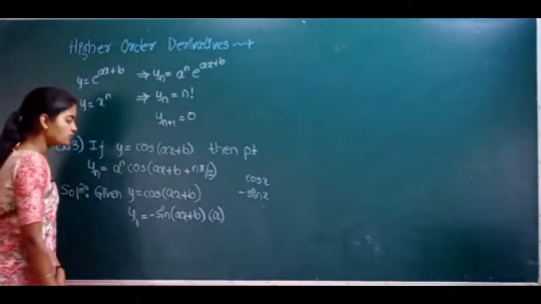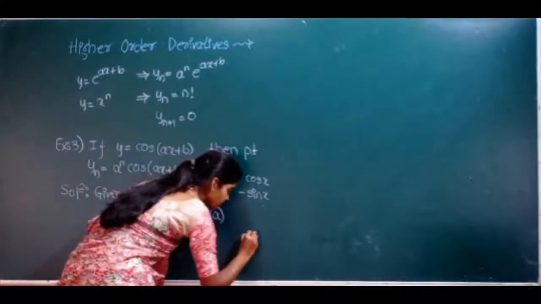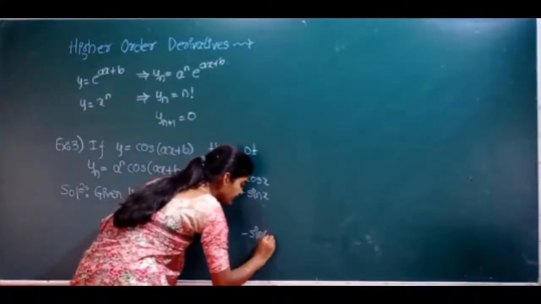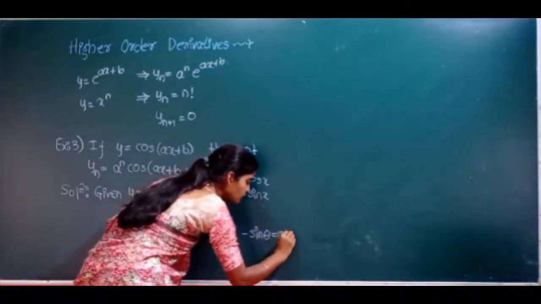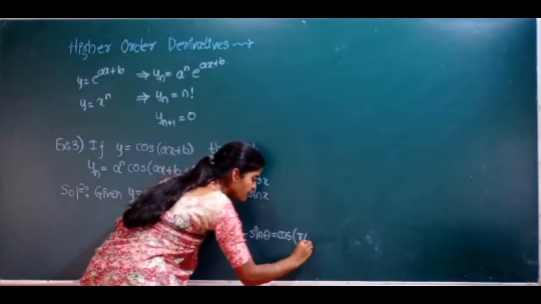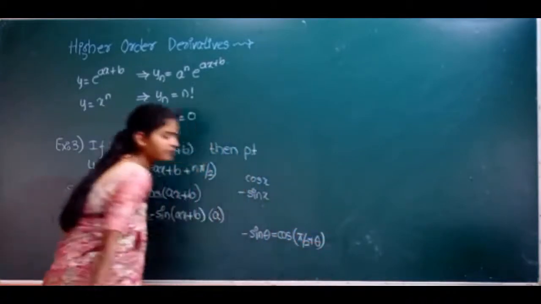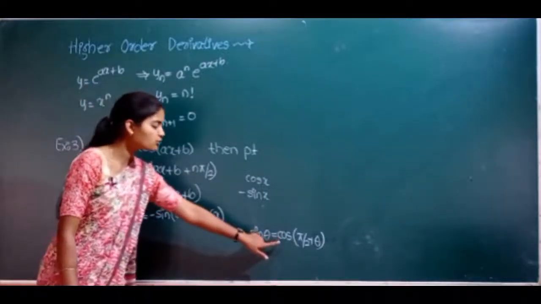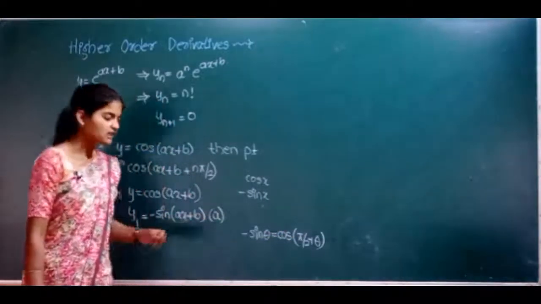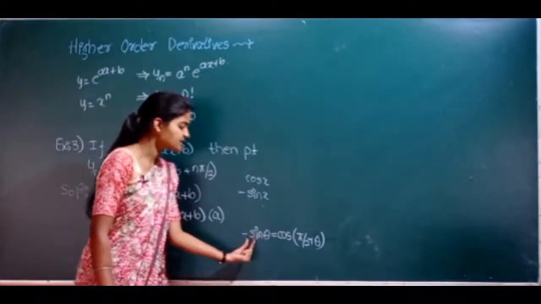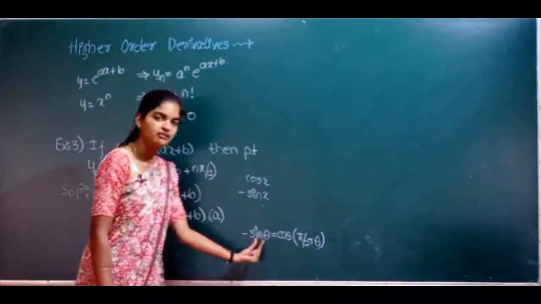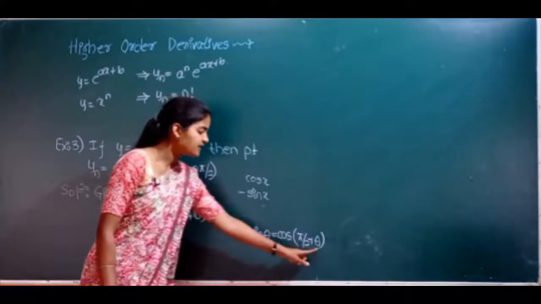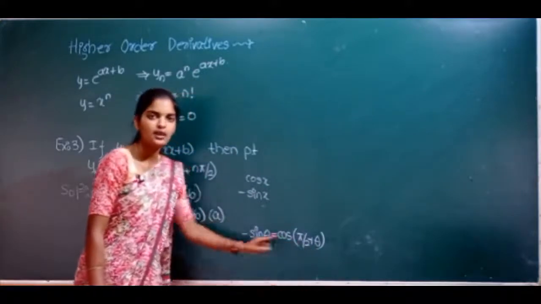And one more thing I will tell you, that minus sin theta is equal to cos pi by 2 plus theta. This formula we will use. Minus sin theta is equal to cos pi by 2 plus theta. Whatever the angle is, minus sin theta we will take as cos, and theta as it is, for that we add pi by 2.